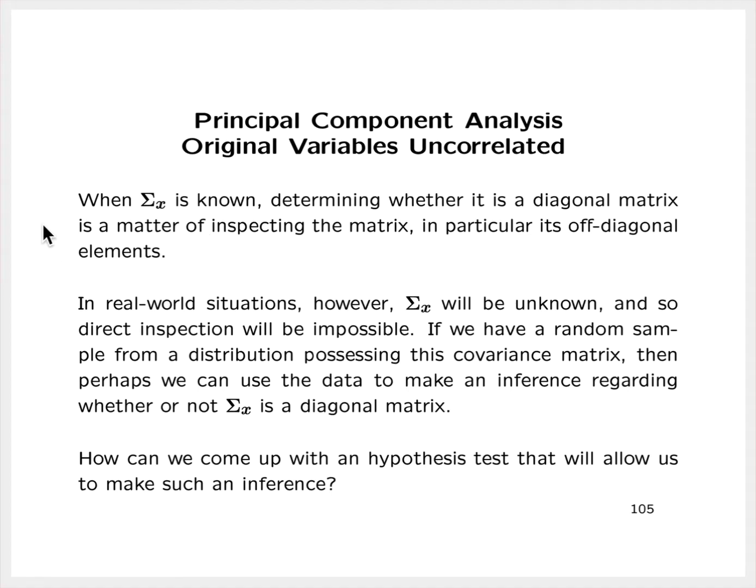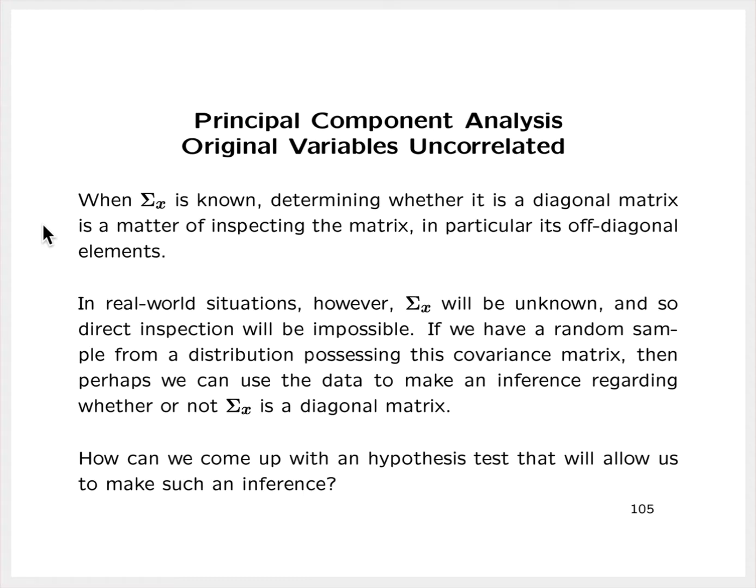If we happen to know the true value of the underlying covariance matrix capital Sigma, then all we have to do is inspect it to see whether or not it's diagonal. But that's really never going to be the case, is it? In a real-world situation, we're not going to know the population covariance matrix, and so we cannot go through that process of just inspecting it.